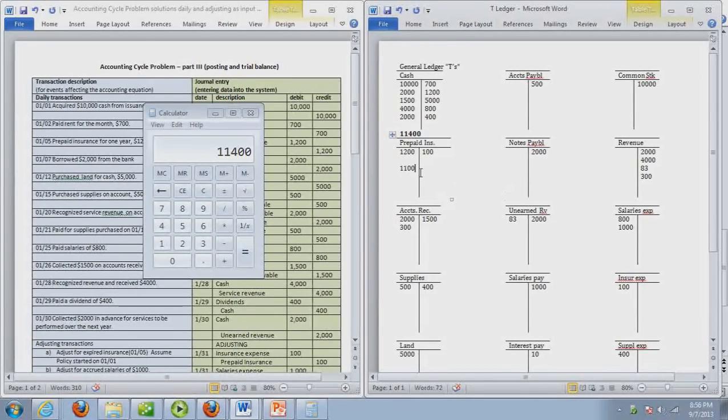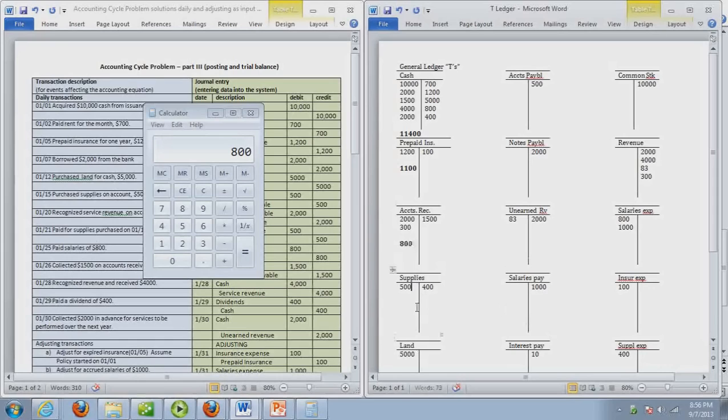So that's your total. 2,000 plus 300 is 2,300 on one side, minus the 1,500, which was the credit, would give me 800. So I can type in 800 here.